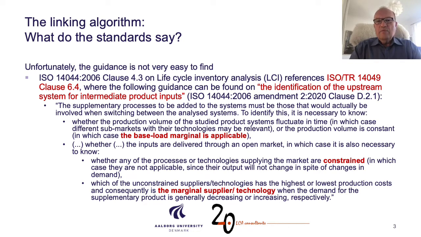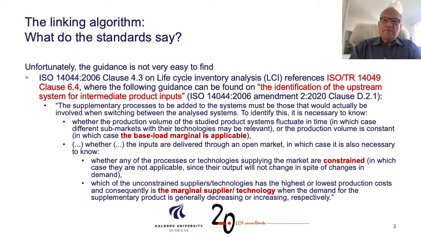There, it is important to know which one has the highest or lowest production costs, so is the more or less competitive. And there, this is described as the marginal supplier or marginal technology, when the demand for the supplementary product is generally decreasing or increasing, respectively.